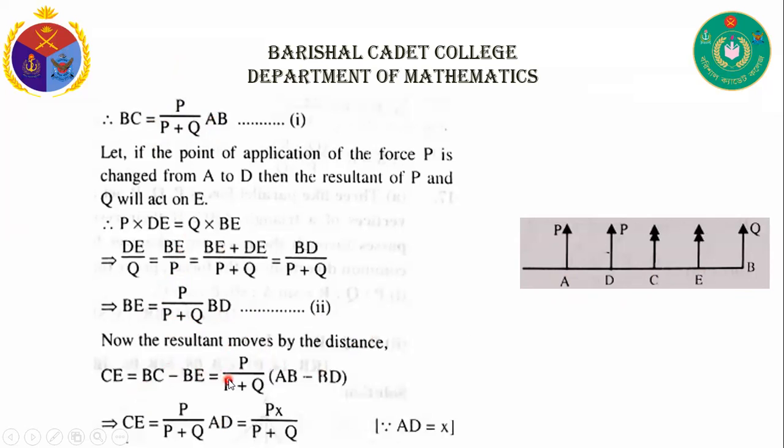So BC − BE = P/(P+Q) × (AB − BD). AB − BD is AD, which is x, the distance moved by the force P. So the action of the resultant will move a distance Px/(P+Q). That is what we had to show.